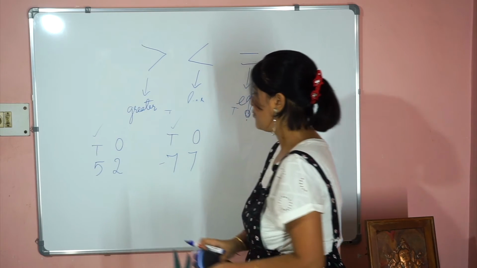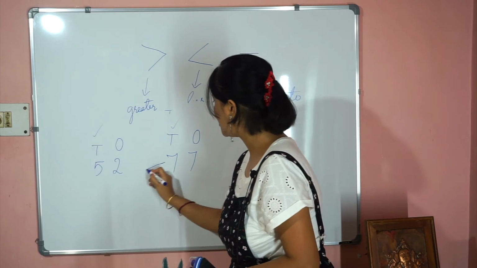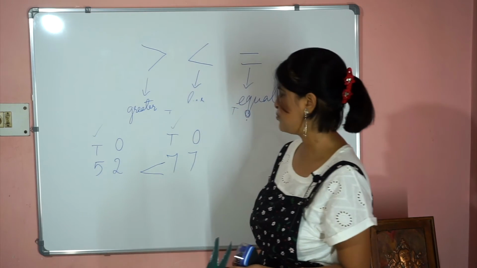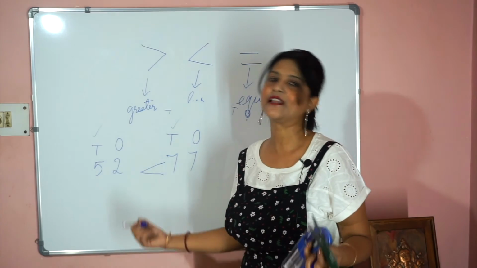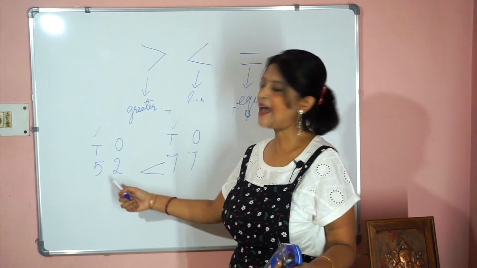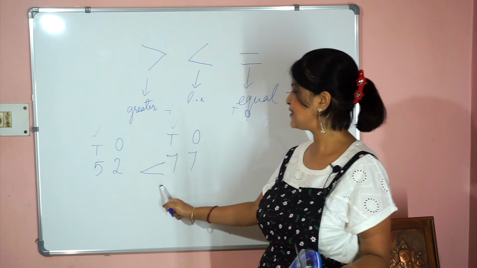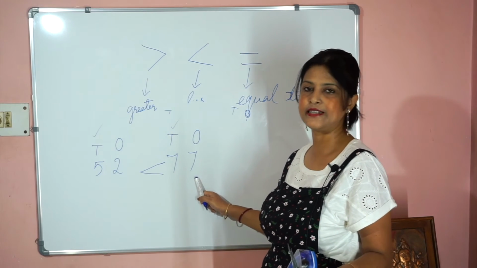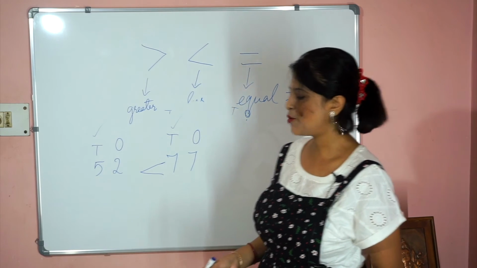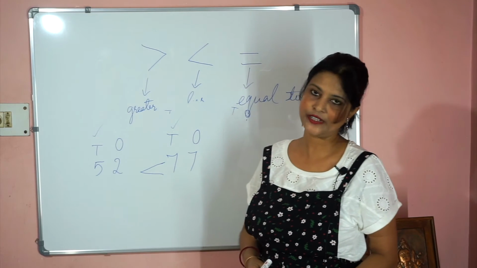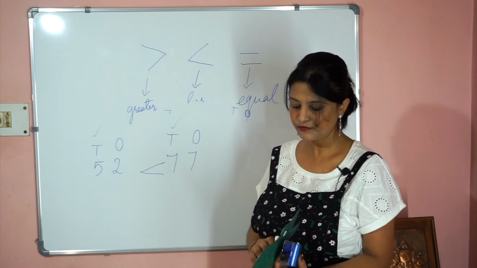So, now we can draw the crocodile's mouth in this way. So, 77 greater than 52, or else in other words, we may read this as 52 less than 77. I hope you will remember how to identify the symbols for greater than and less than.